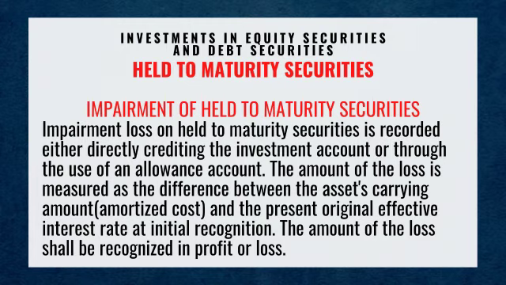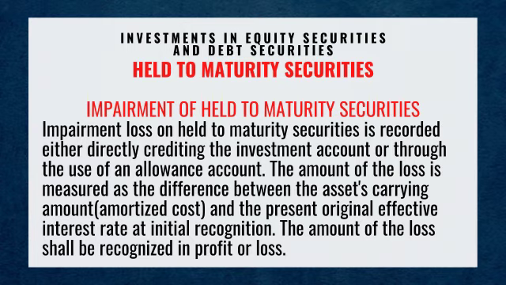Impairment loss on held-to-maturity securities is recorded either by directly crediting the investment account or through the use of an allowance account. The amount of the loss is measured as the difference between the asset's carrying amount or amortized cost and the present value of estimated future cash flows discounted at the original effective interest rate at initial recognition.